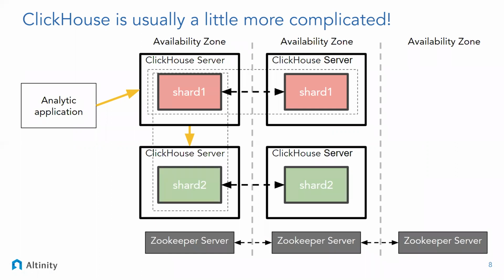They are running on two servers apiece because each of the shards has a replica. Moreover, because we're kind of safety minded, we're going to take those replicas and spread them across availability zones. Availability zone is something that's known to Kubernetes. It's of course very prominent in cloud systems, and it basically means a separate data center.